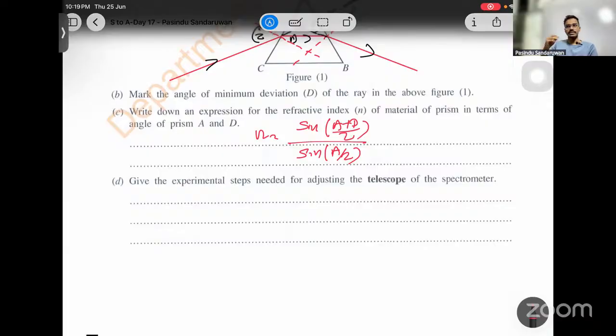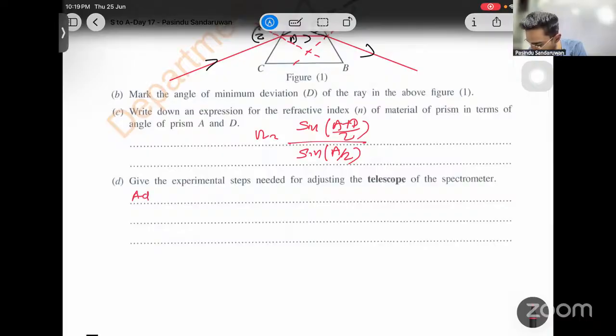Then, once the eyepiece is adjusted, the telescope should be rotated and focused to a distant linear object, which can be a tree, a pole or a column, and a clear image of that distant linear object should be taken to the crosswires. From the first step, the eyepiece is adjusted; from the second step, the objective piece is adjusted. Only when both are adjusted will the telescope be adjusted.